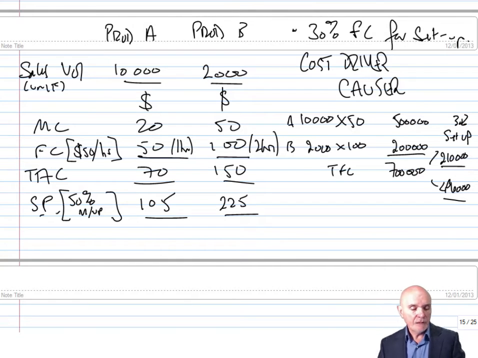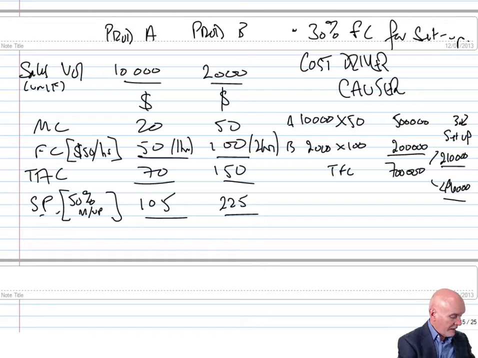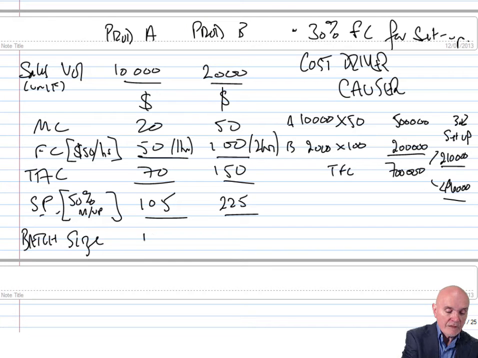And I think we have to put on some more information here about what sort of setups we have. And the information that we need here is we'll say that product A is produced in batches of 1,000 units. So batch size will be 1,000.